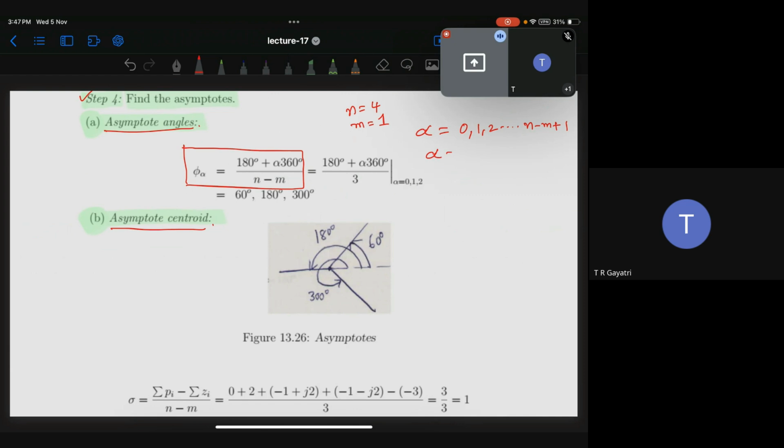So 4 minus 1 plus 1, what is that value?